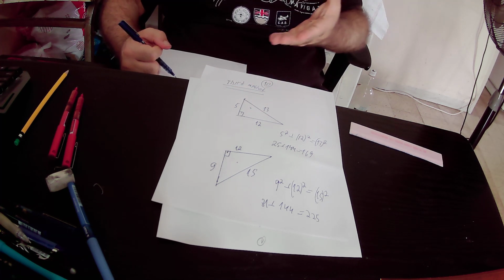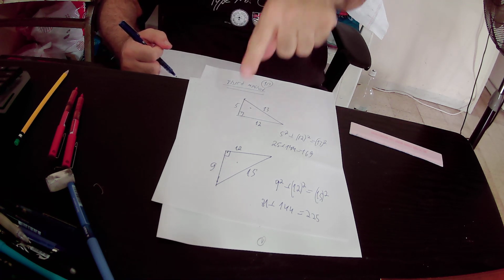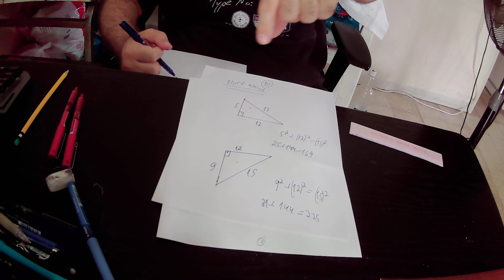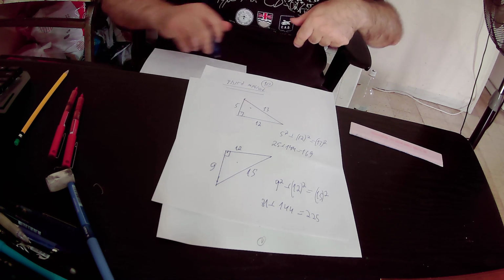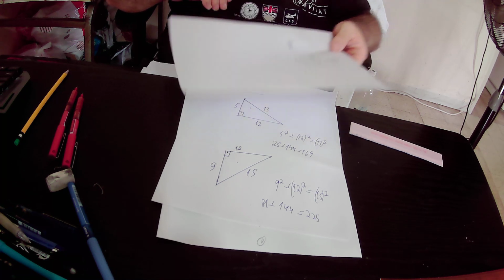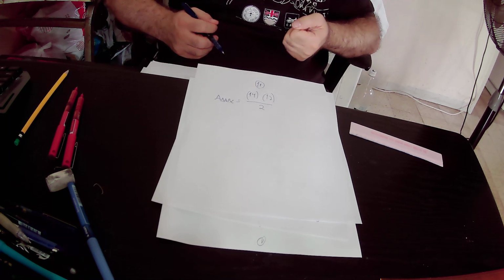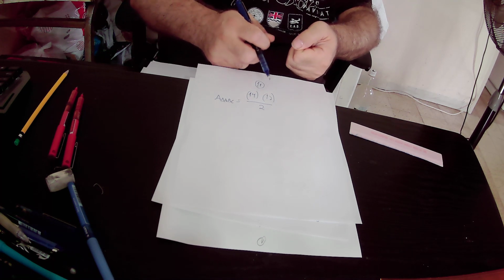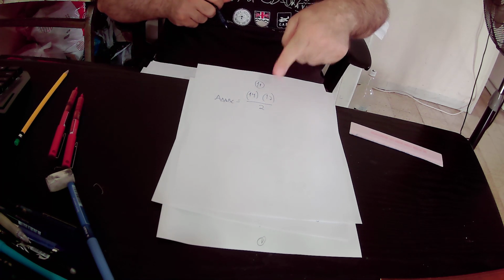And in this way, we can calculate the area of triangle ABC that equals the base of the triangle, that is 14 units, times the height of the triangle, that is 12 units, over 2. And 12 over 2 is 6.